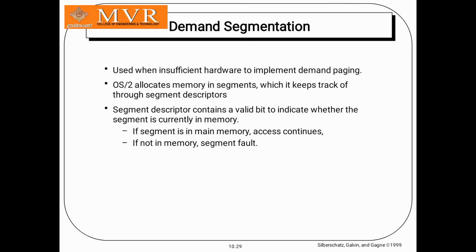The segment descriptor contains a valid bit to indicate whether the segment is currently in memory. If the segment is in main memory, the access will be continued. If it is not, then a segment fault occurs.